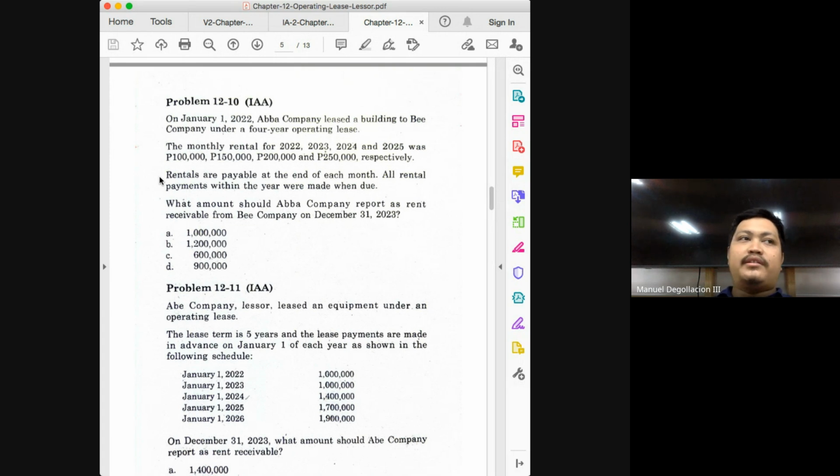If collections are greater than your earned rental income, then you will have a liability, unearned rent. If collections are lesser than your earned rent, then you will have a rental receivable. So again, this would be one of the easier topics. So let's just try to solve the multiple choice problems here to practice this.